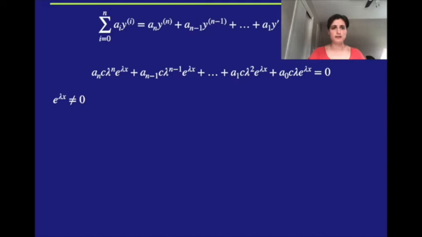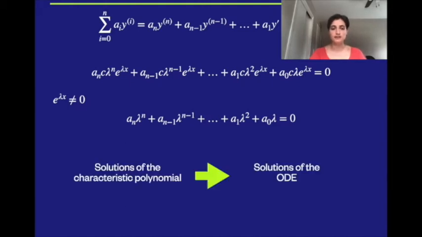This is pretty good because then we can divide by e^(lambda x). We can also divide by the constant that we assume to be non-zero, so we get back to actually having the characteristic polynomial I just introduced. And the claim is that the solutions of the characteristic polynomial allow us to construct the solutions of the ODEs because they feed back into the ansatz that I just created.